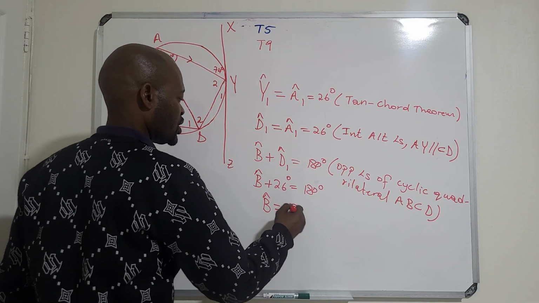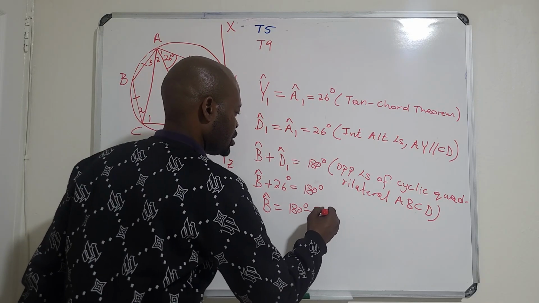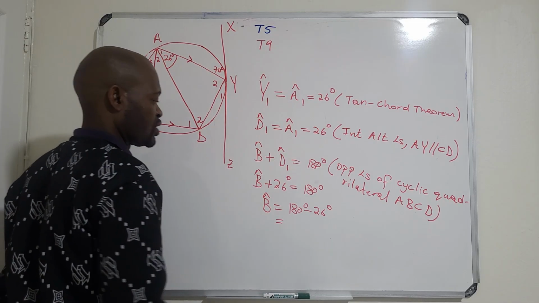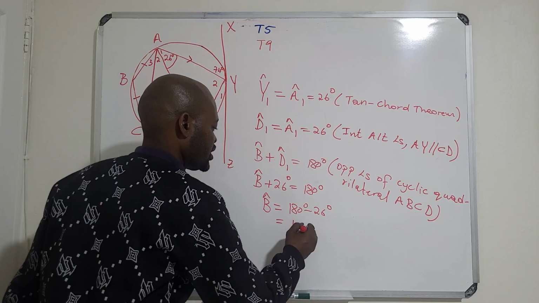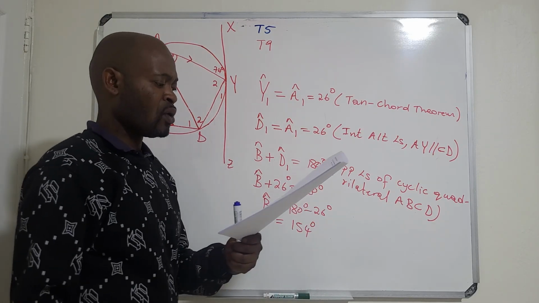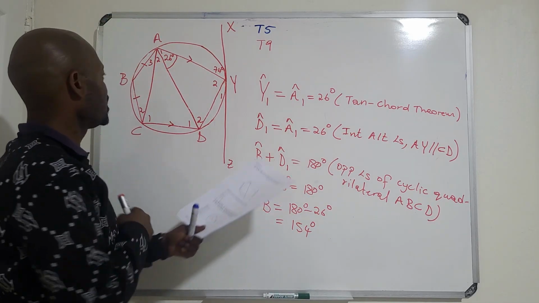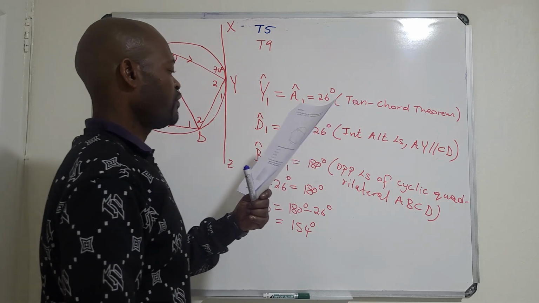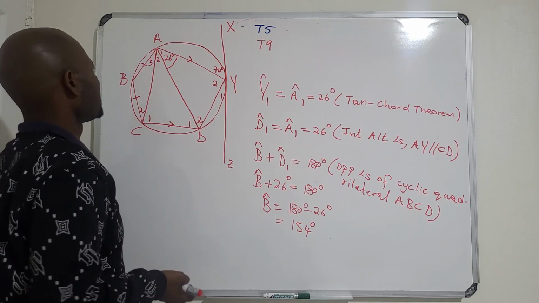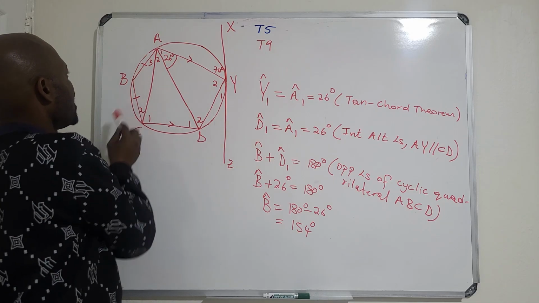Angle B is equal to 180 minus 26 degrees, which obviously is equal to 154 degrees, angle B. Now, they said we must also find angle C2. But angle C2, it's easy for us to find because we do have angle B.